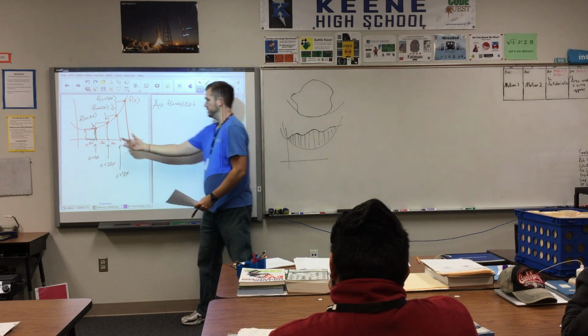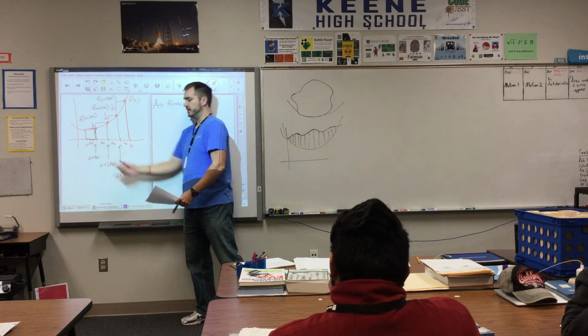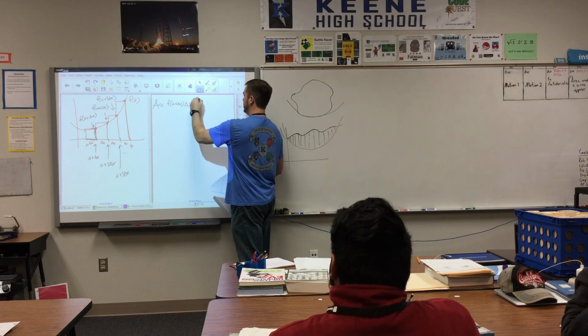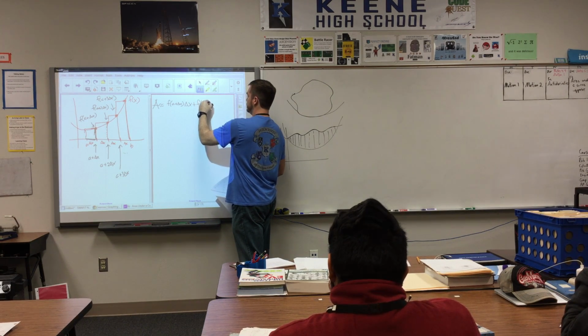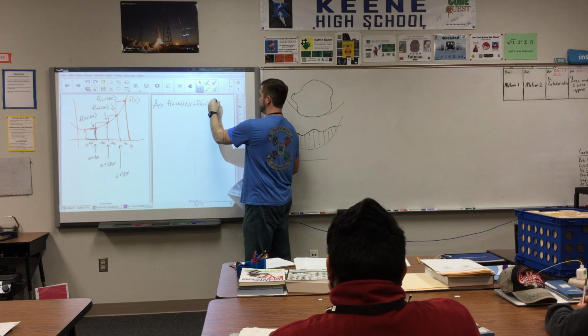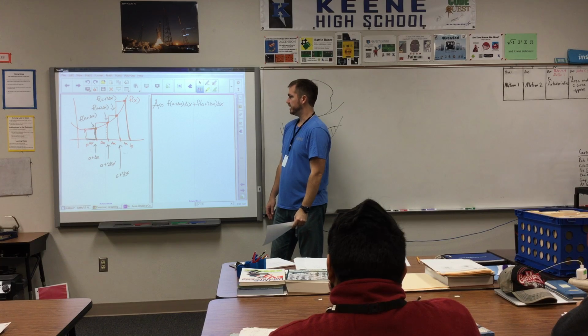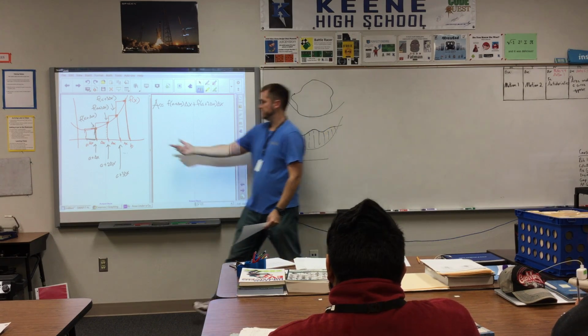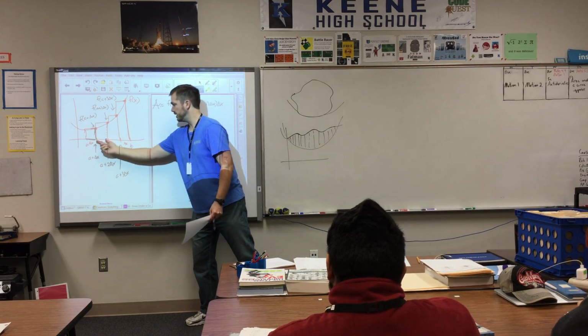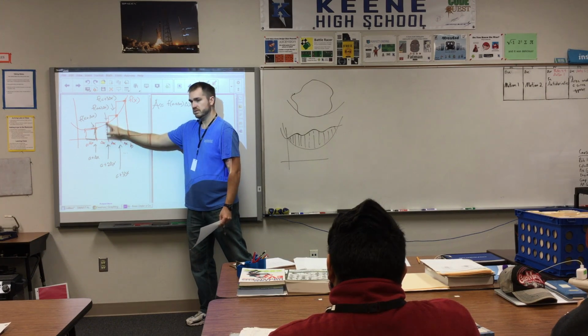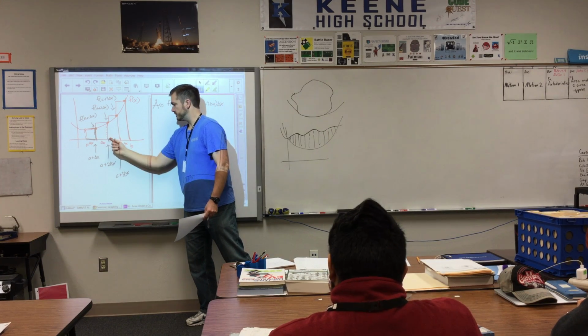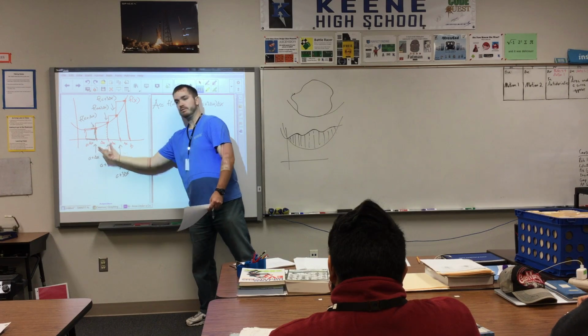Plus the area of this next rectangle: f of a plus 2 delta x times delta x, the height times the width. Evan, does that make sense? Yes, the area of this rectangle is just its height times that width.